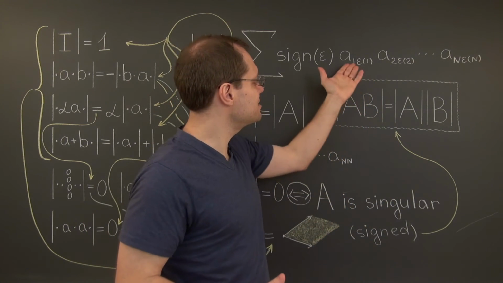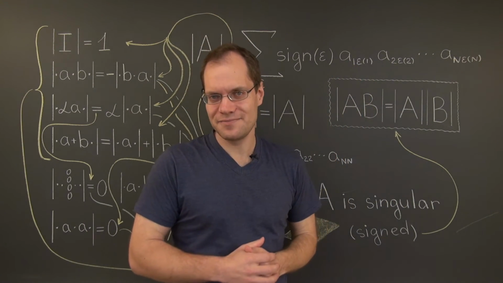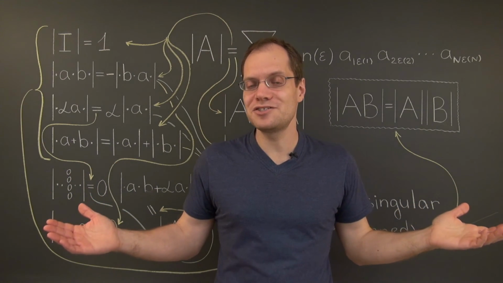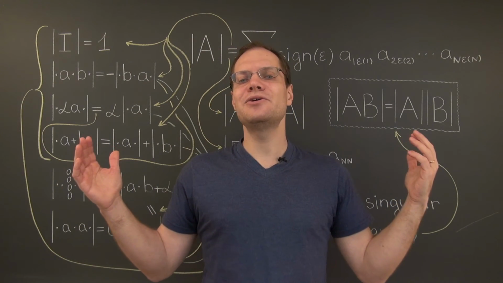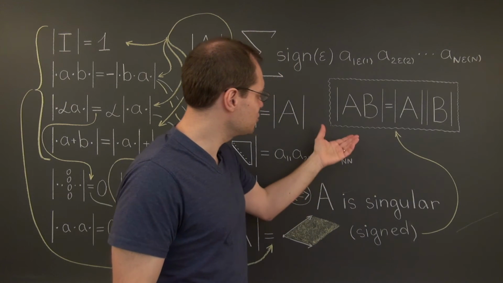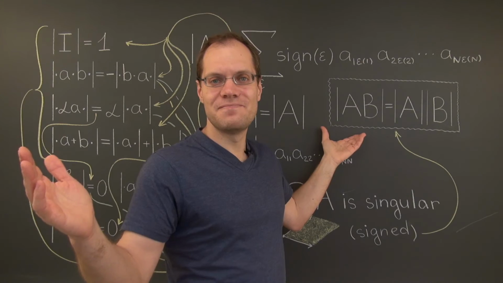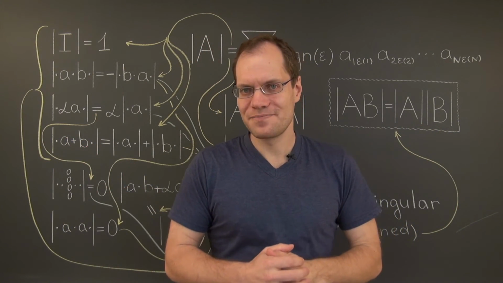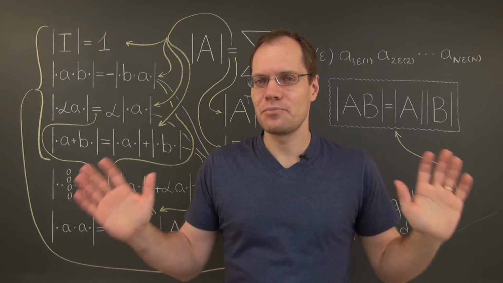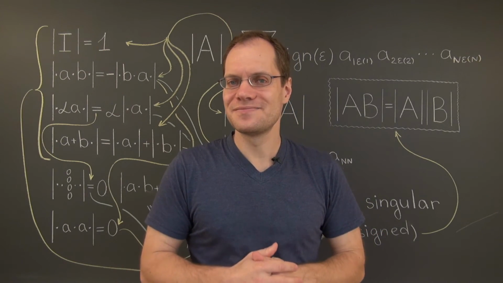Just imagine using this definition to prove this identity for 3x3 matrices. It would probably take you over an hour just to write out the left-hand side. Go ahead and try it. Actually, don't try it. Maybe attempt it, but make sure to quit after 5 minutes.